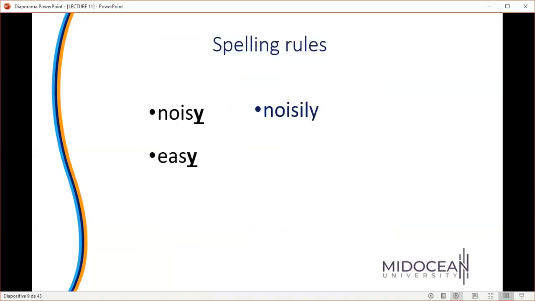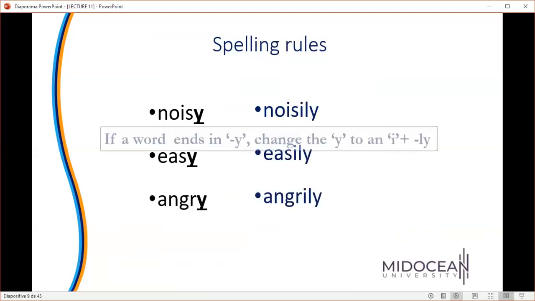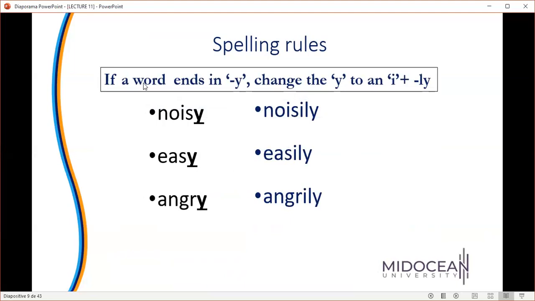Spelling rules. So, if a word ends in y, donc si vous avez la terminaison ici du mot y, on va changer l'y to an I et j'ajoute donc ly. Example, so you have noisy, noisily. Donc, regardez la terminaison y. The adverb is noisily.